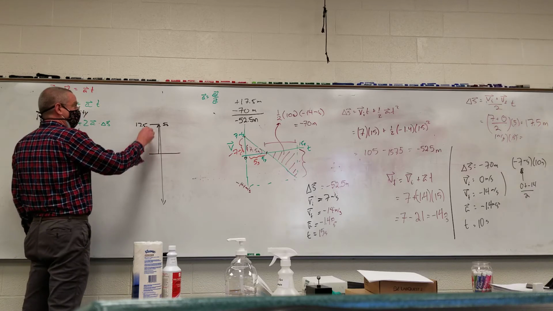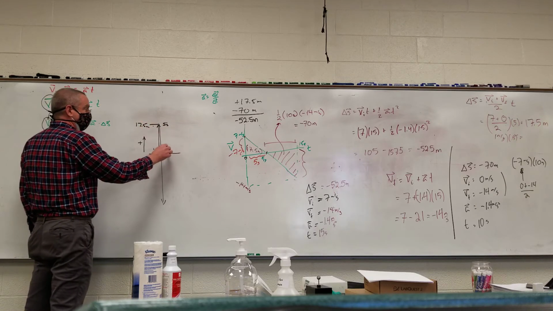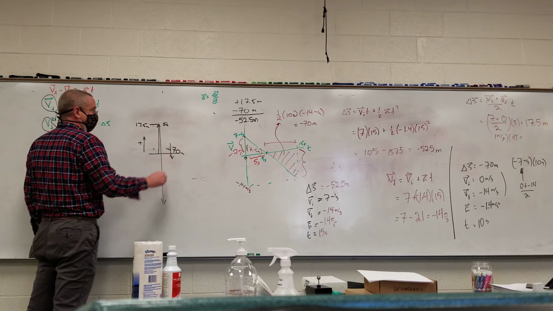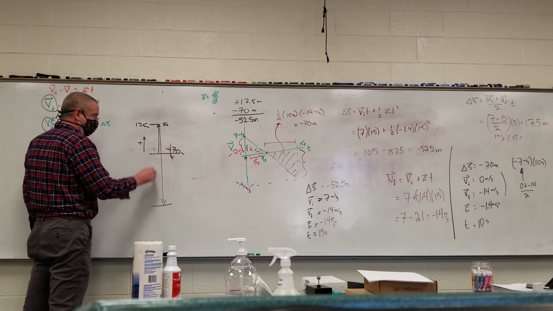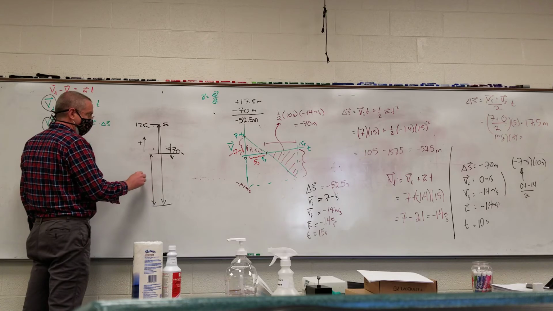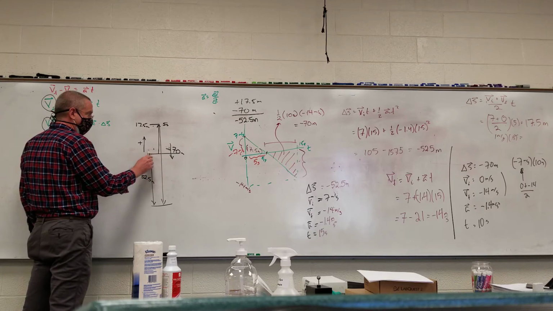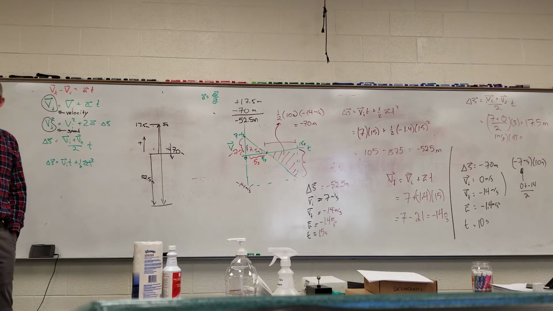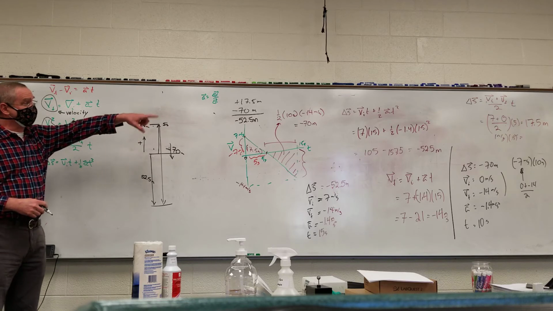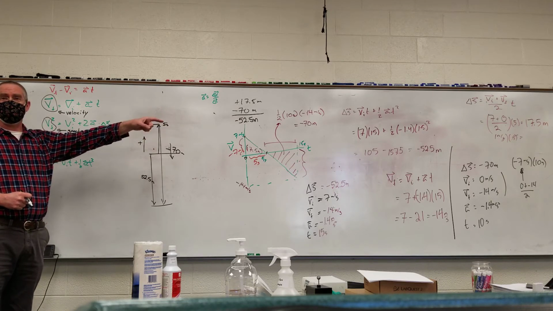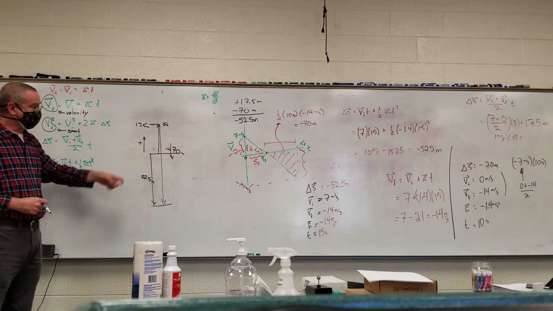So it goes 17.5 meters in the positive direction, and then it goes negative 70 meters, or I guess 70 meters in the negative direction, so that it ends up 52.5 meters in the negative direction. Displacement is where an object is relative to where it started, so that negative 52.5 means that it ends up 52.5 meters on the negative side of its starting point.